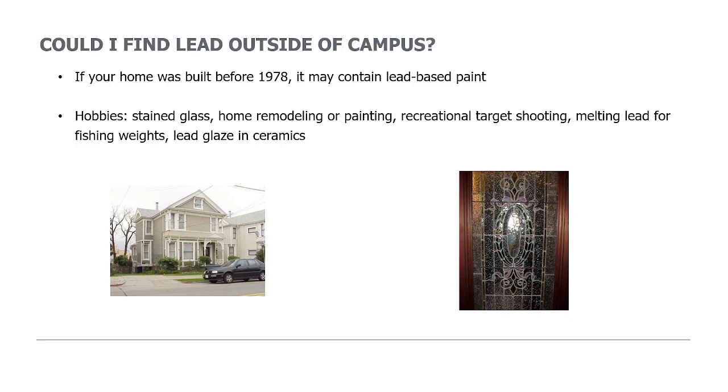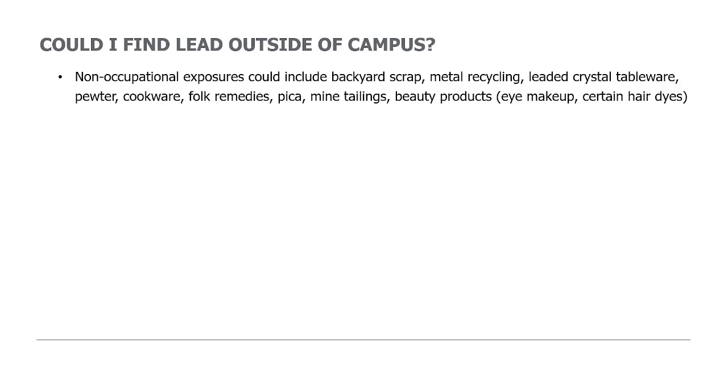And can you find lead outside of campus? Absolutely. If your home was built before 1978, before they phased out the use of lead-based paint, you could find it there. Some hobbies where you can find lead are stained glass, home remodeling, where you can run into old painted surfaces, recreational target shooting, melting lead for fishing weights, and lead glaze in ceramics.